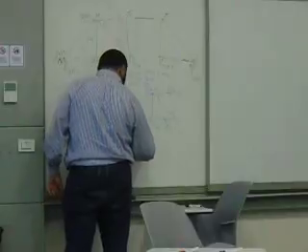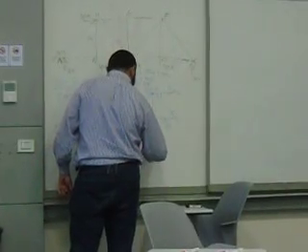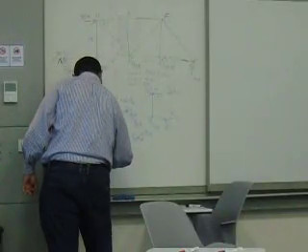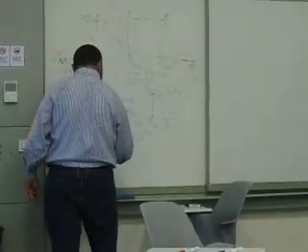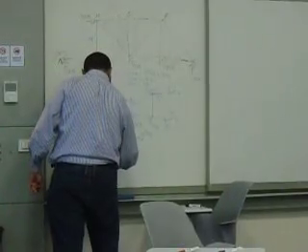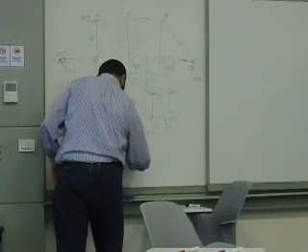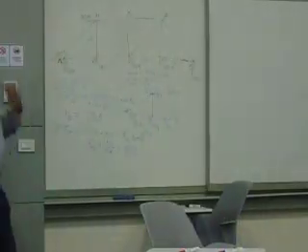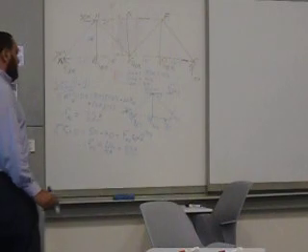Sine alpha, which is actually 4 over 5. Therefore, FHC is equal to 10, the difference between these two, divided by 4 over 5. It will be 12.5 kips. Right?